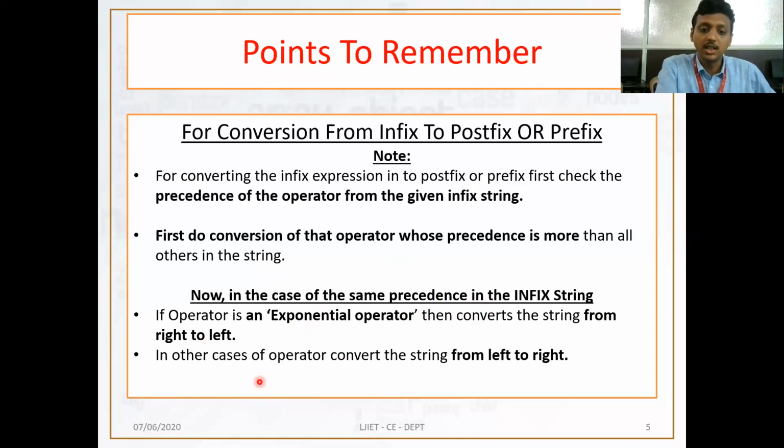But in other cases, if you have operators like plus, minus, division, star, then you need to go from left to right. If you have exponential operators, go right to left. If you have plus, minus, division, star, go left to right. What do left to right and right to left mean? We will see in the next example.